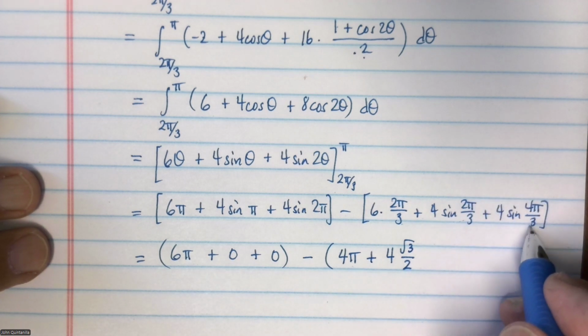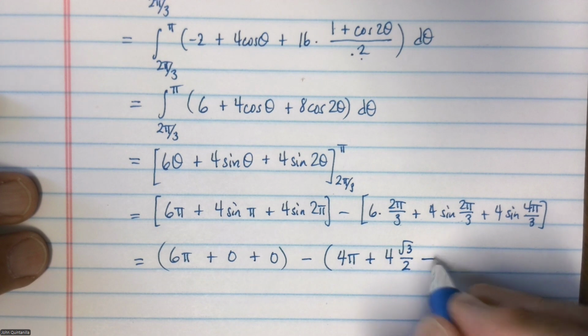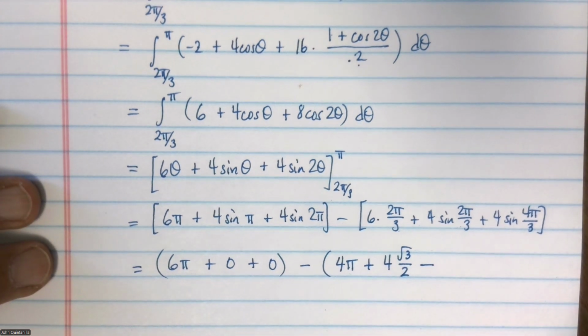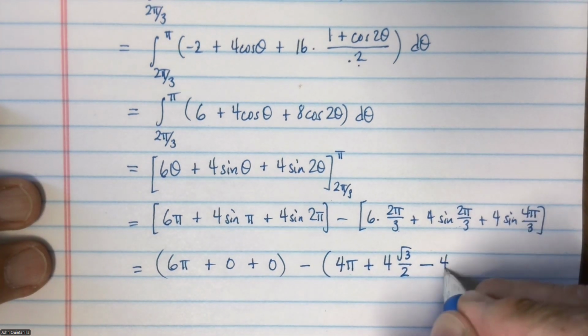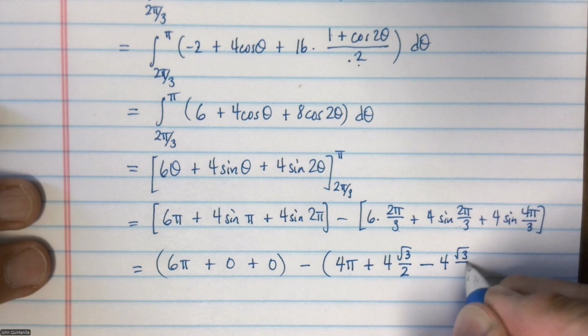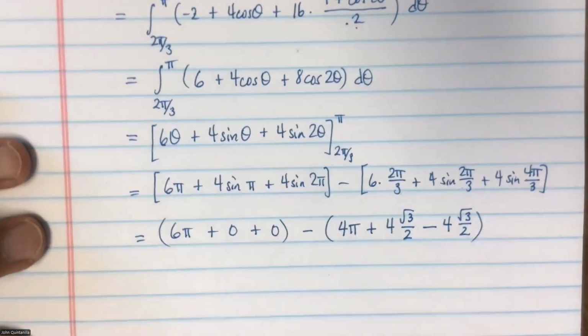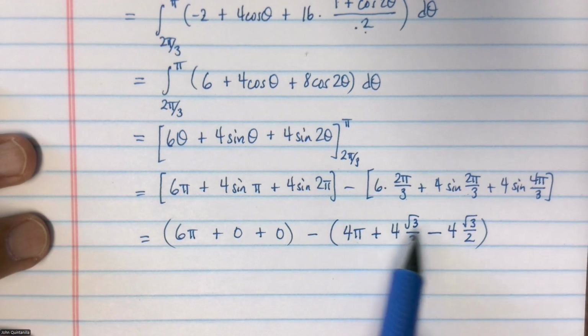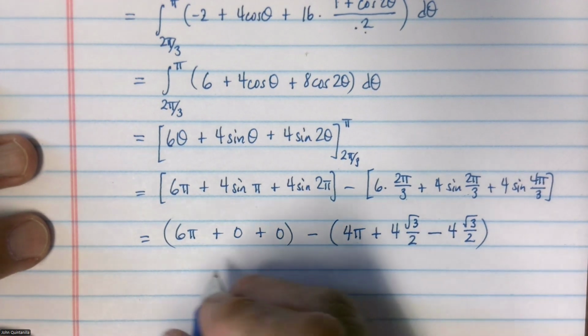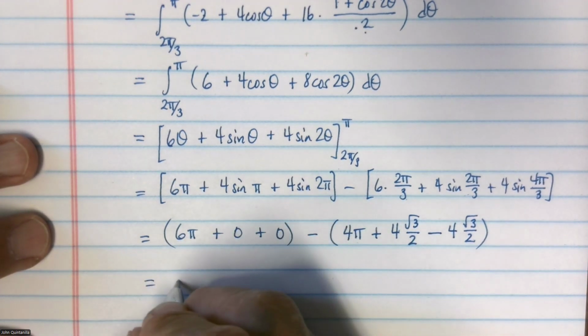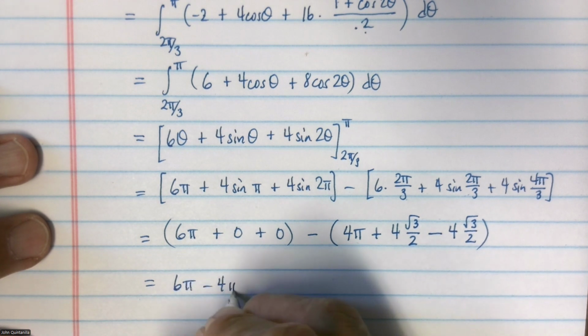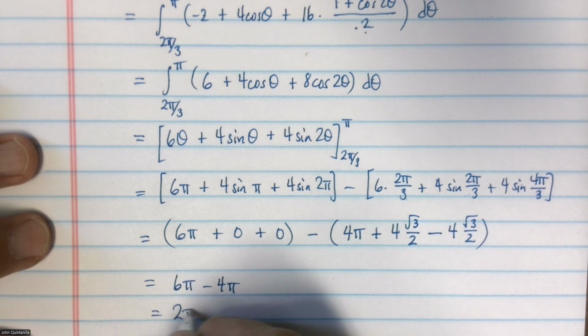Next, sine of 4 pi over 3, that is in the third quadrant. Sine is negative in the third quadrant. And then I have 4 times the same reference angle, square root of 3 over 2. All right, these cancel. So what's left will be 6 pi minus 4 pi, which is 2 pi.